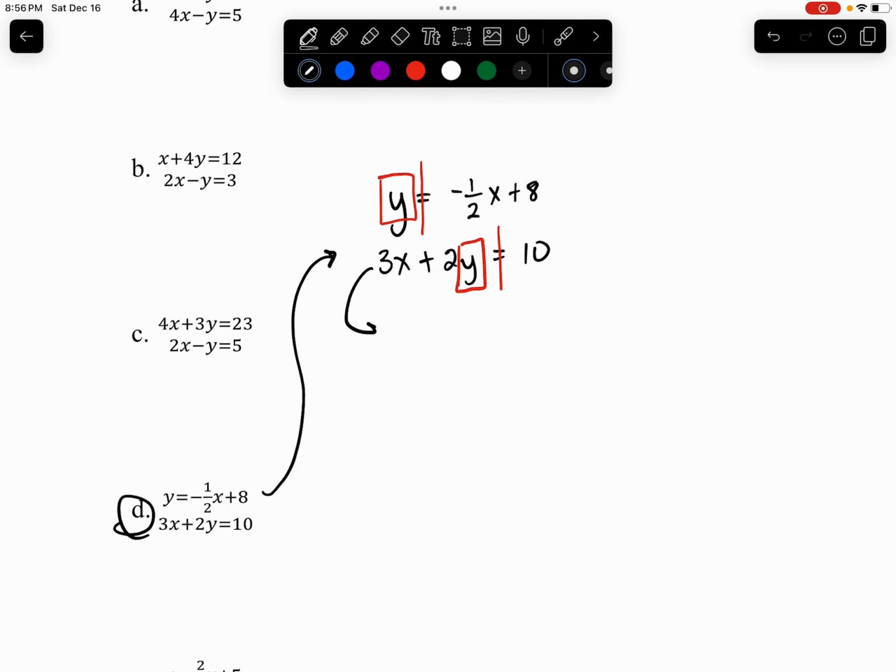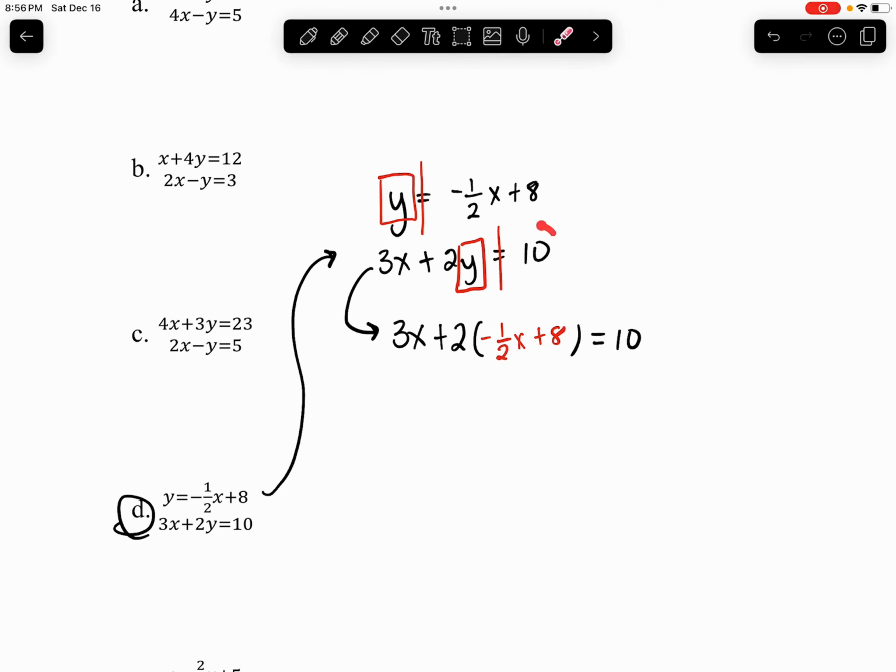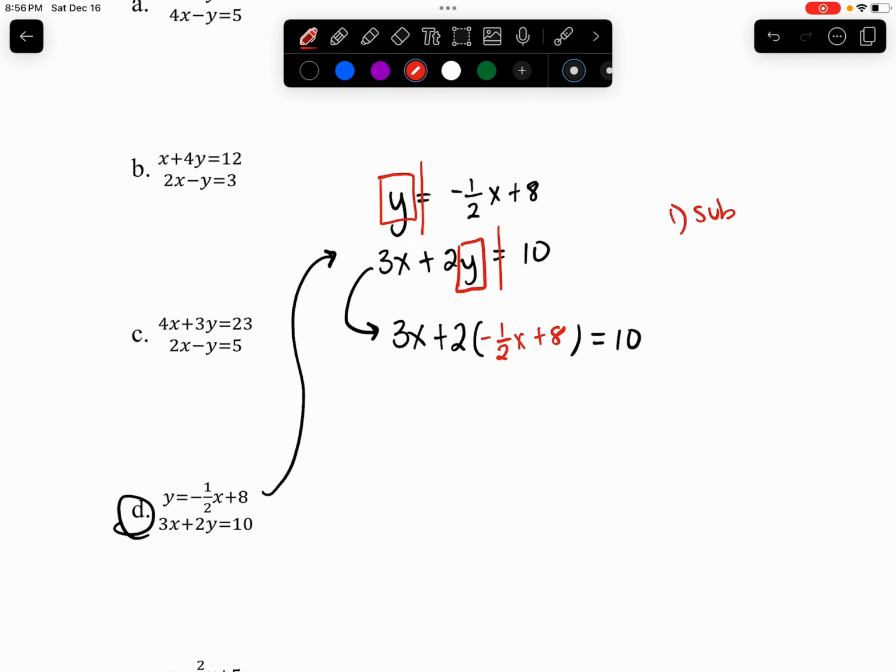So I'm going to rewrite this one. That's 3x plus 2 times -1/2 x plus 8 equals 10. Don't forget this 10 over here. Okay. Now, next step. Our first step was to substitute.